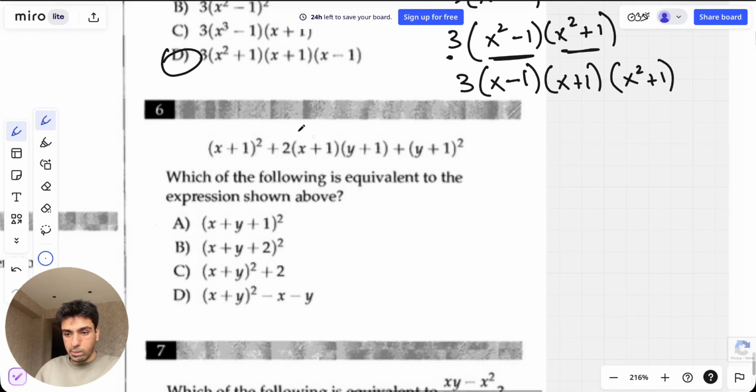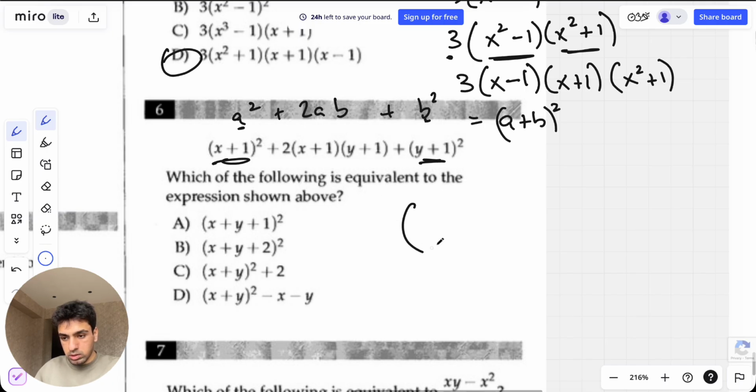Question 6, we have this expression. We need to find what is equivalent to this. Now this looks a lot like a squared plus 2ab plus b squared. So in this case, I know that a is going to be x plus 1 and b is going to be y plus 1. So I can write this as a plus b squared. Now I know what a and b are, so I can simply plug this in.